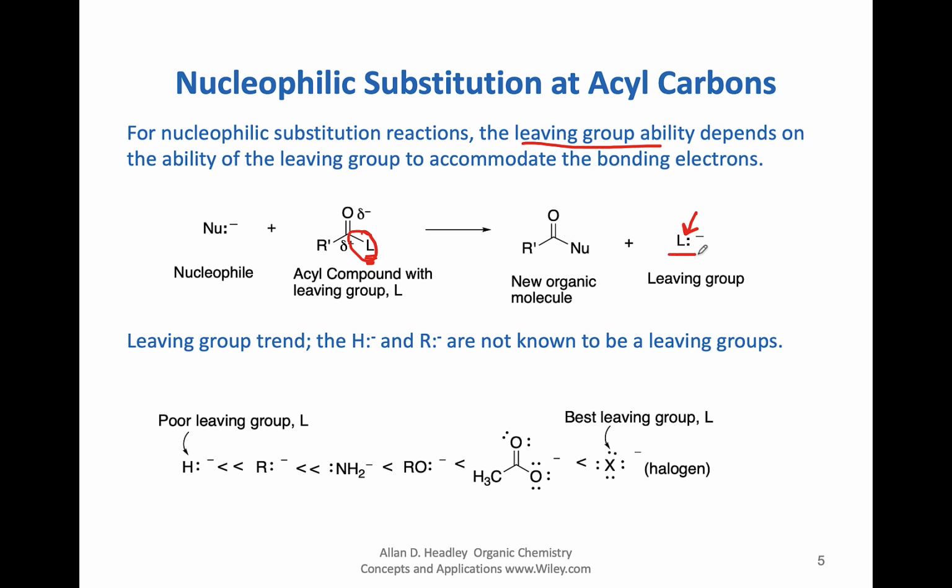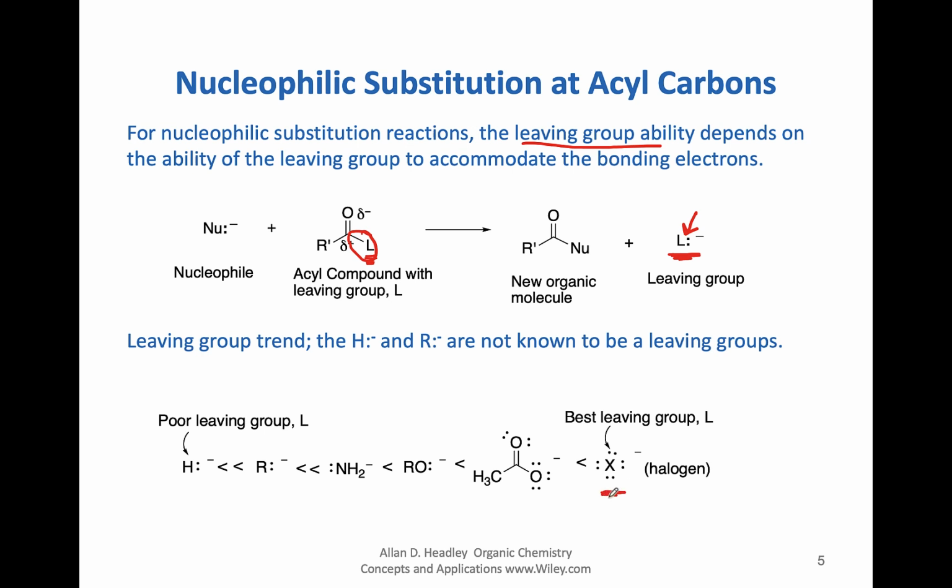So if the leaving group is pretty stable, remember we have defined stability as the ability to accommodate these electrons. As you know, the large polarizable atoms can accommodate that negative charge compared to a smaller one. So here's the trend.